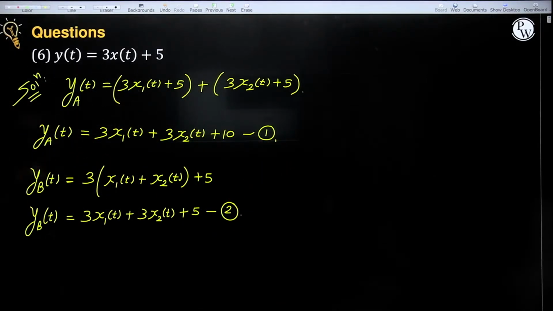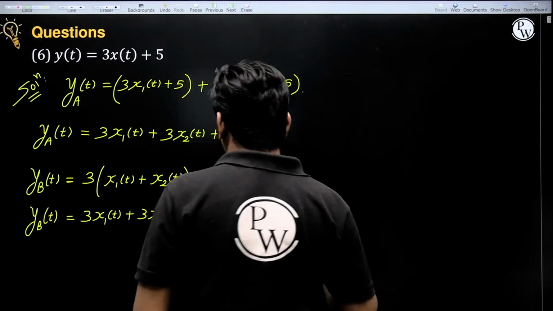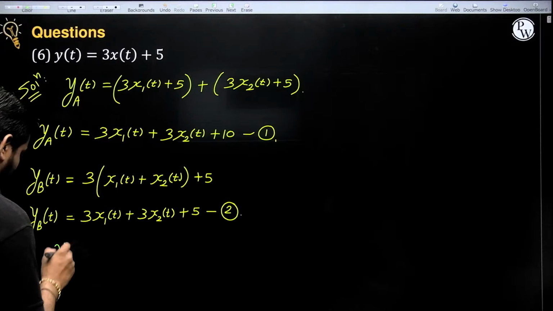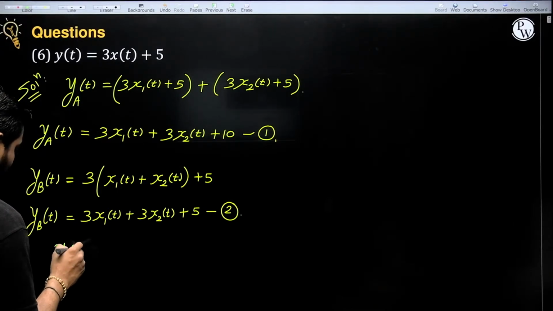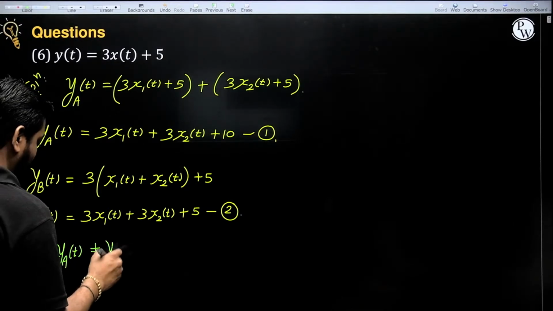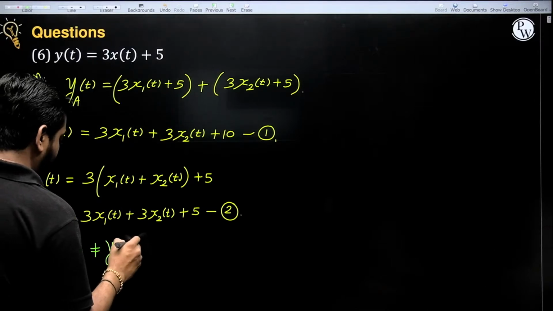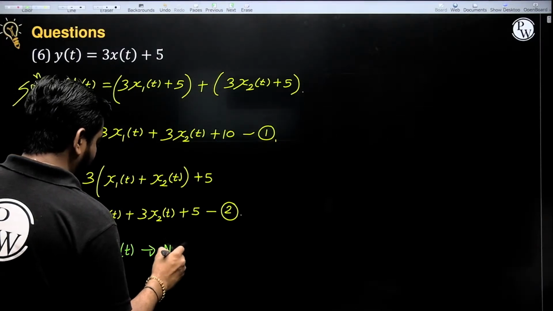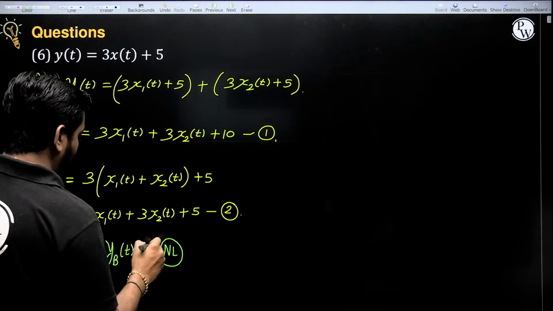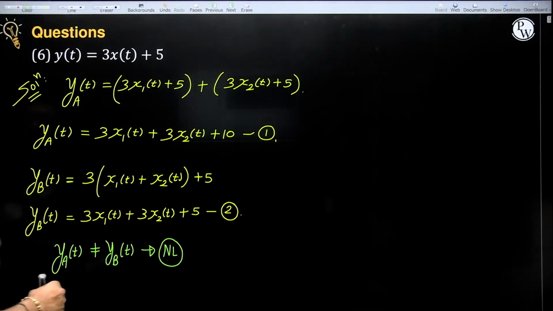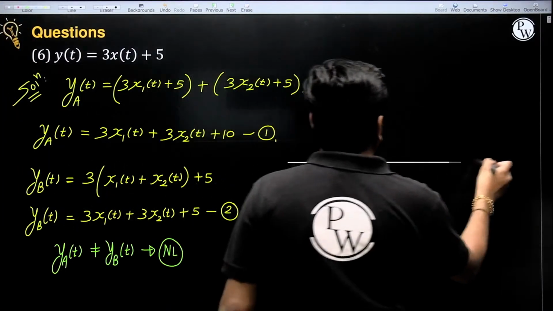Now you can check here ya is not equal to yb. Again, see also non-linear. Ya of t not equal to yb of t, the given system is non-linear. NL means non-linear. Fine. Draw the graph.